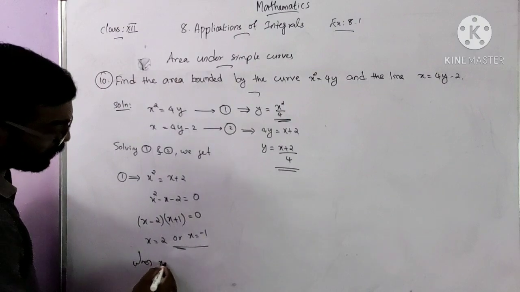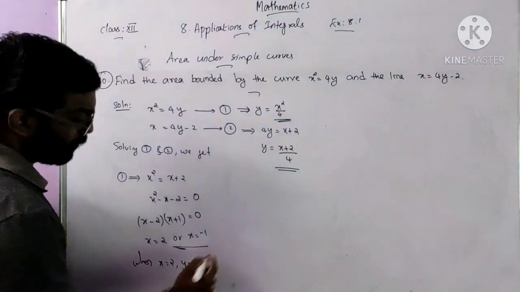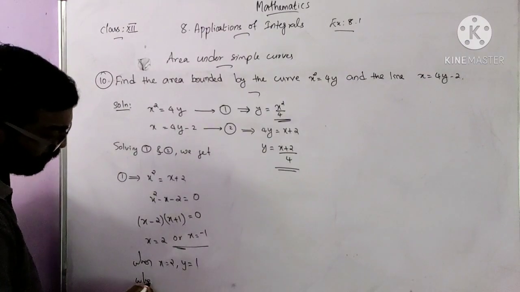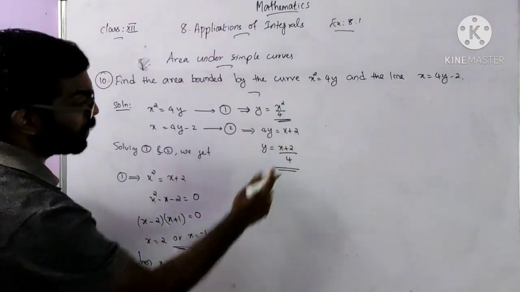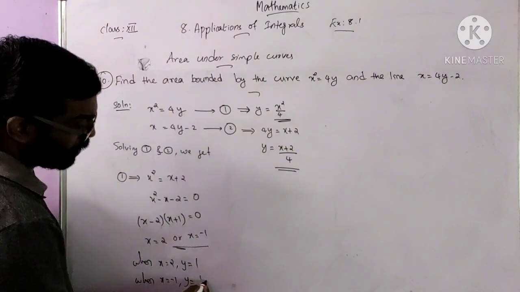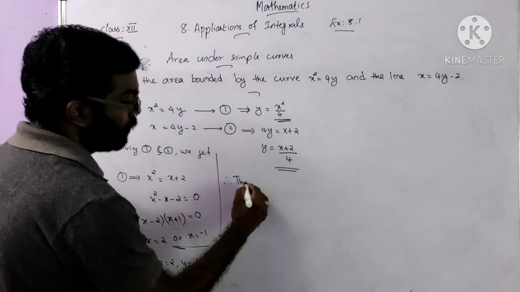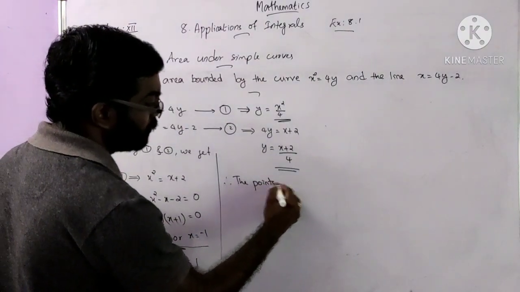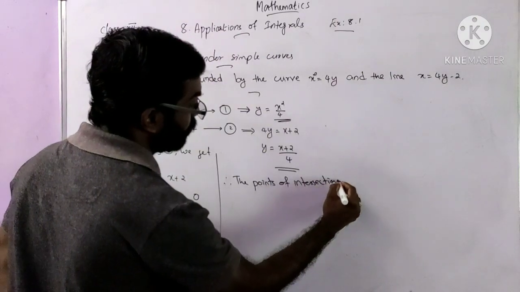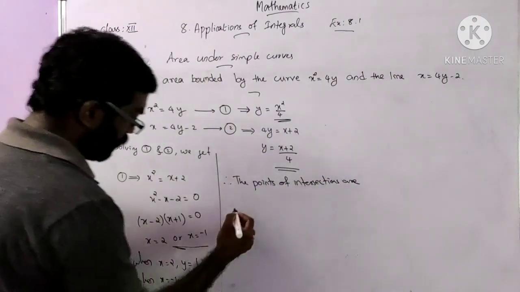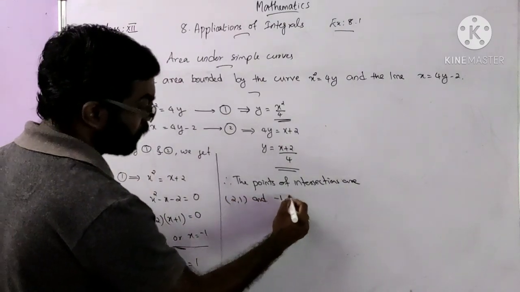And when x equal to 2, y is 2 plus 2 by 4, y is 1. And when x is equal to minus 1, y is equal to minus 1 plus 2 by 4. It is 1 by 4. Therefore, the points of intersection are 2, 1 and minus 1, 1 by 4.